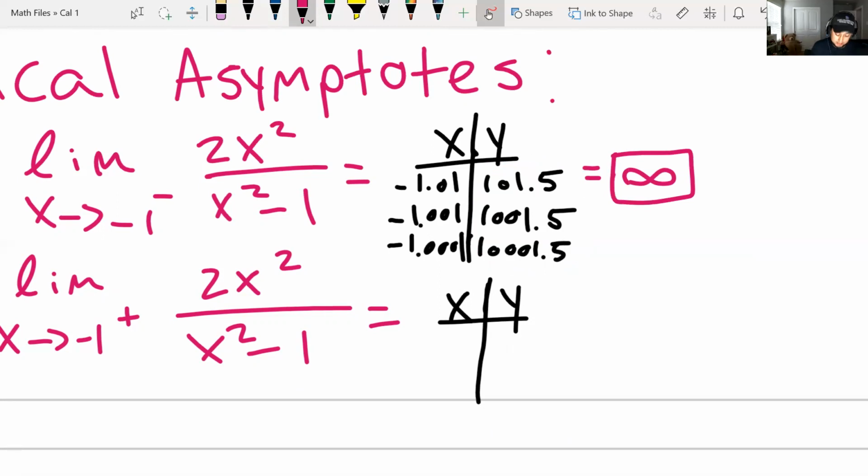Now, let's look at the limit as x approaches -1 from the right. This means the numbers are bigger than -1.